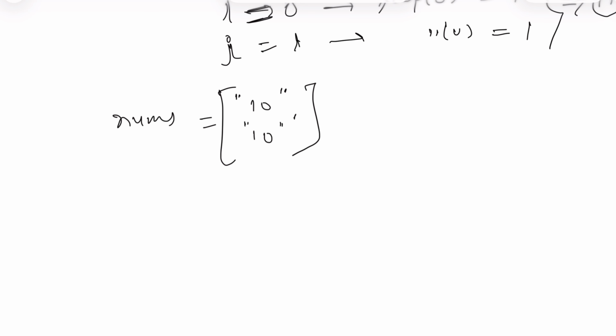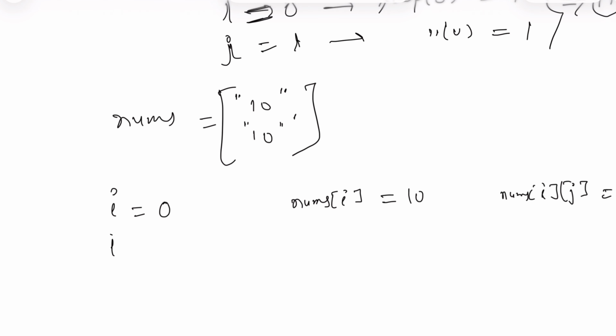Now, if the index i equals 0, nums at i is 0 1. What is the value of nums i and j? nums i is already 0, and j we will take as also 0. It means you will get 0.